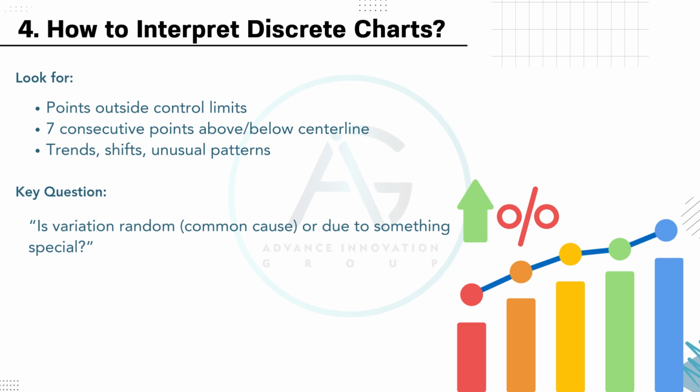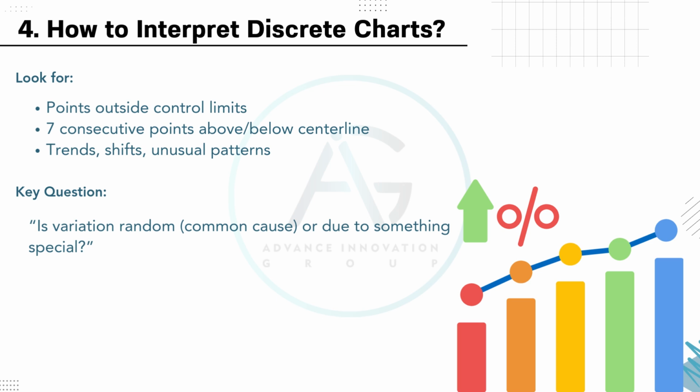This is a red flag that the process may have shifted, even if those points are within the control limits. Trends, shifts, or unusual patterns. Any repeated, non-random behavior suggests something has changed in the process.